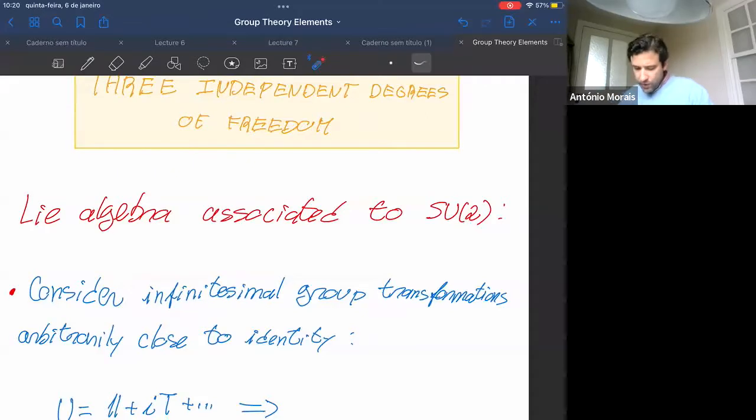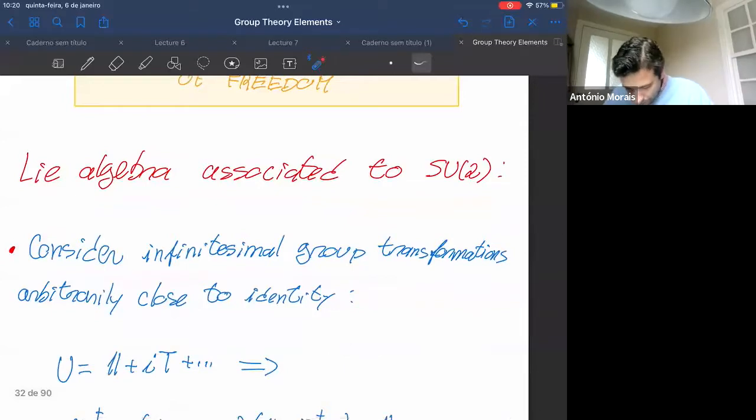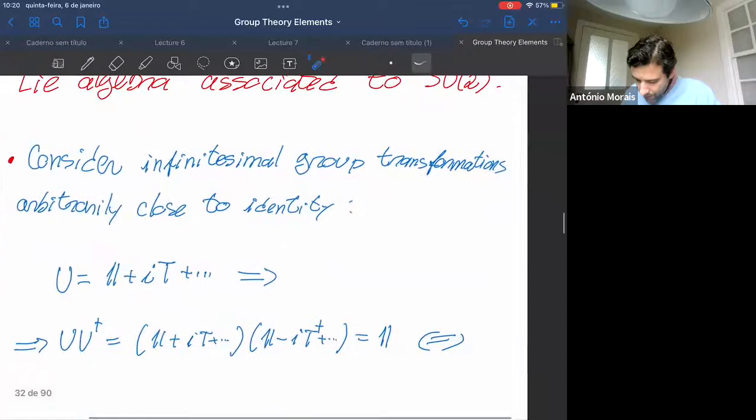And now we can look into this from infinitesimal transformations. So let's consider that these matrices U are expanded about identity, and then you basically expand the unitarity condition.